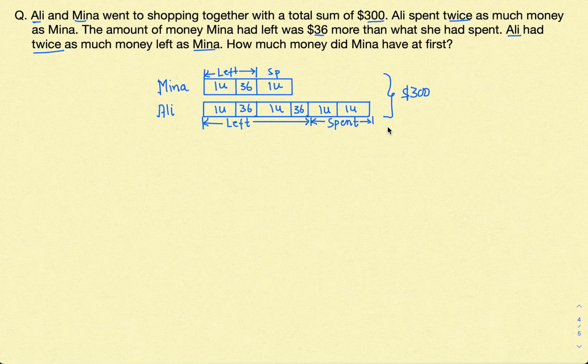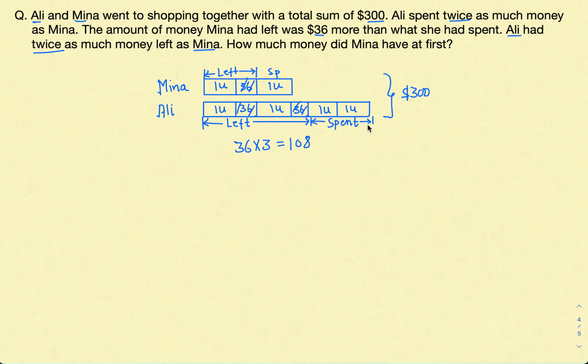Now if we look at the model, what are the extras here other than units? You can see this 36, 36, 36. So there are 3 times 36. We need to subtract it from 300 so that we can calculate how much is 1 unit. First, let's calculate 36 times 3. We want to get rid of all this. 36 times 3 will be 108. We subtract it from 300.